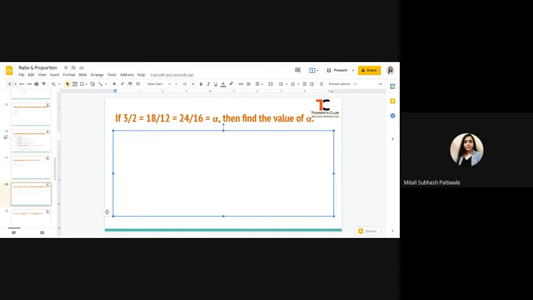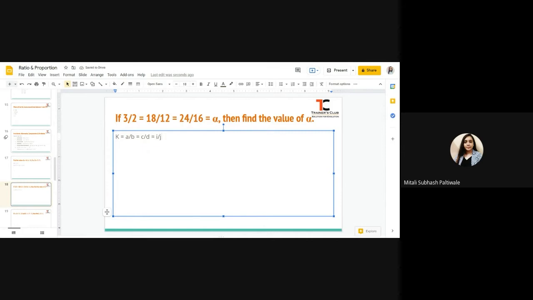This is the example which says 3 by 2 is equal to 18 by 12 is equal to 24 by 16 is equal to alpha. Then find the value of alpha. Now we have to find the value of k, wherein A by B is equal to C by D is equal to I by J and so on.